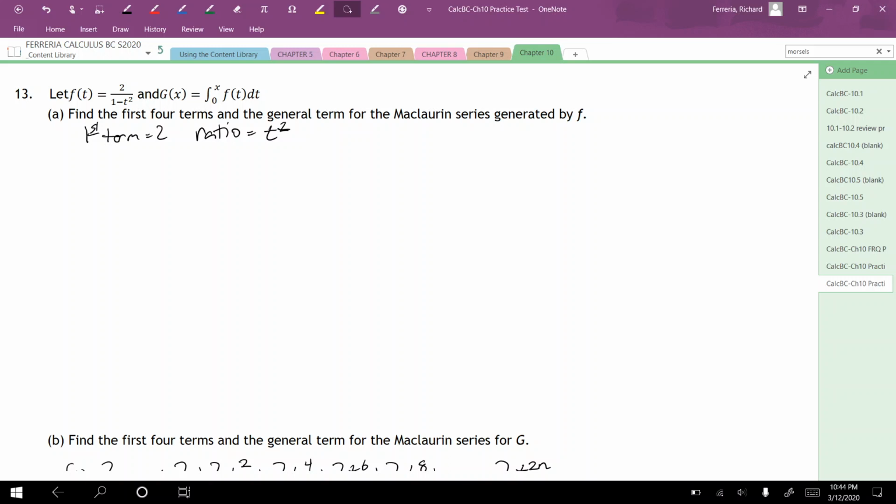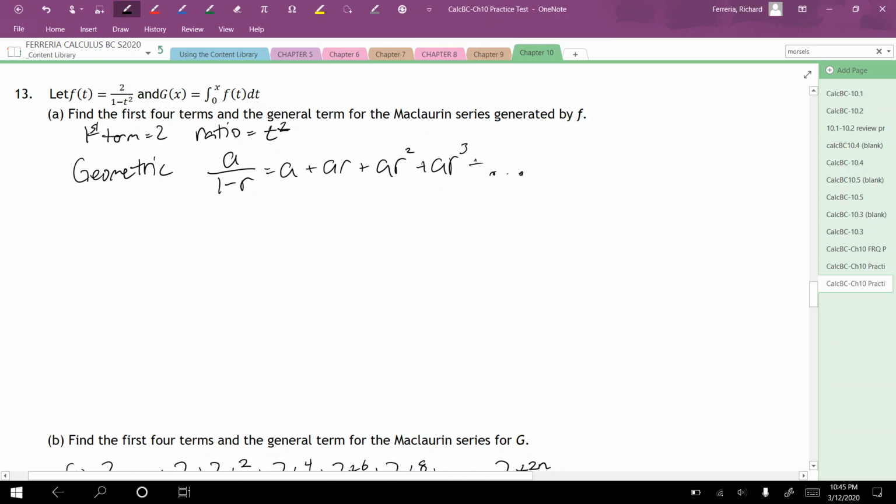So for part A, we were just being asked to find the first four terms and the general term for the Maclaurin series generated by f. So let's remember that for a geometric series, any geometric series, including this one, a over 1 minus r is equal to a plus ar plus ar squared plus ar cubed plus ... plus a multiplied by r to the n power.